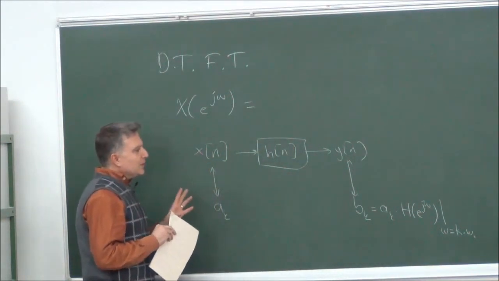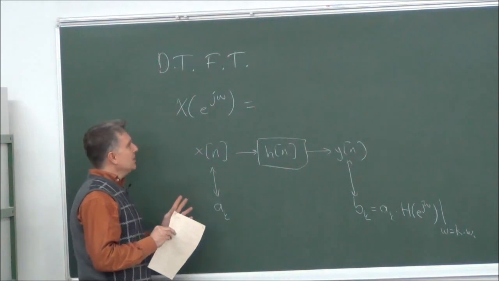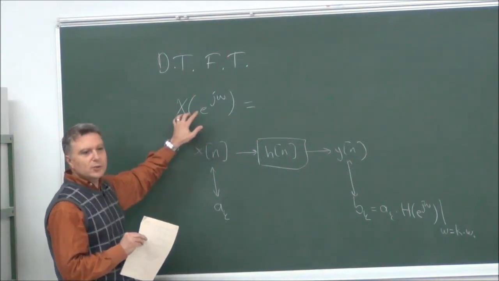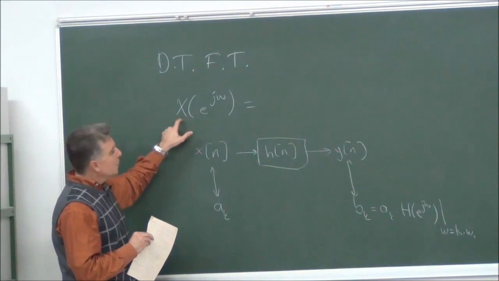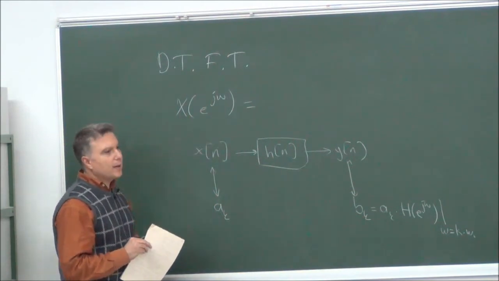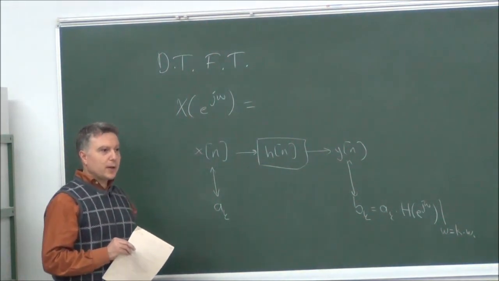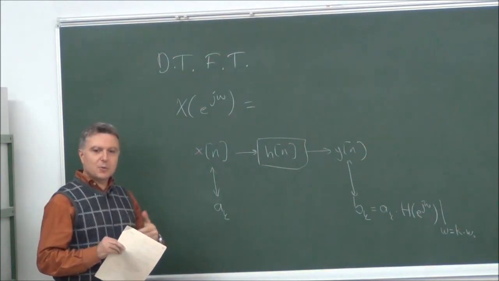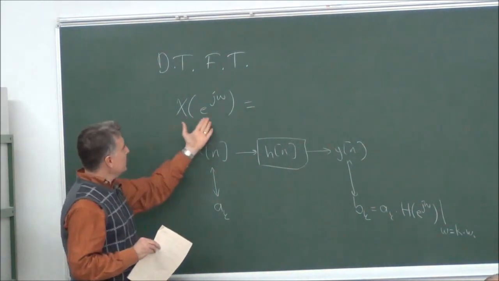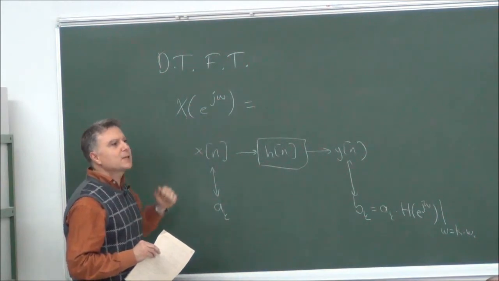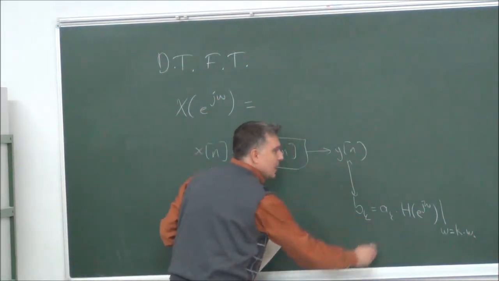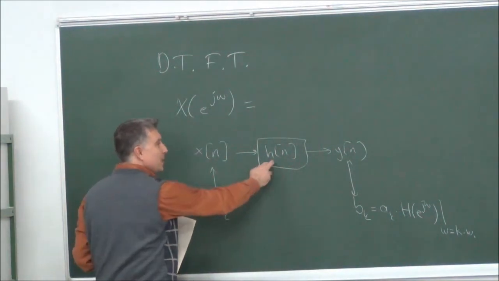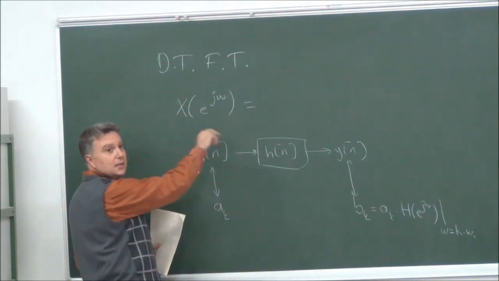The difference between the continuous time Fourier transform and the discrete time Fourier transform is therefore due to the notation as well. The Fourier transform this time will be x of e to the j omega, not x of j omega. X of j omega is the Fourier transform of x of t. X of e to the j omega is the Fourier transform of x of n. And if you remember the relation of h of e to the j omega in terms of h of n, the same relation exists here.